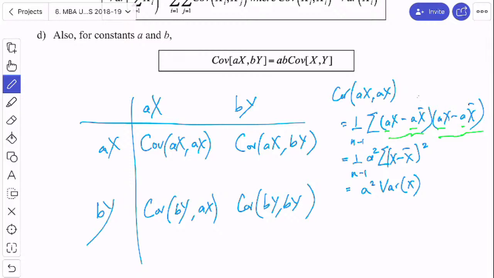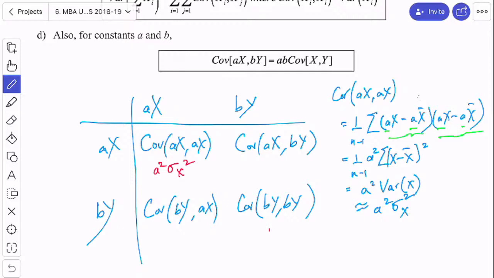So really, I can write that, this is going to be like this in our symbols. That's variance, that's a squared. So the first term reduces to a squared sigma x squared.